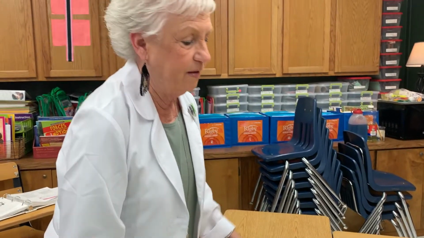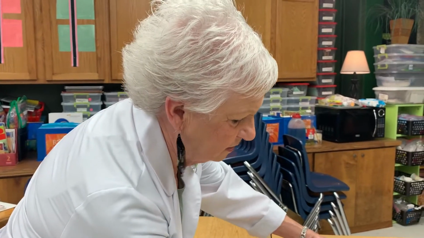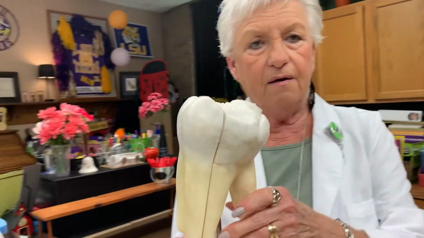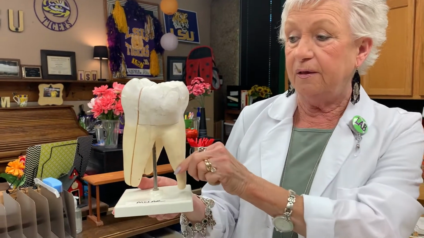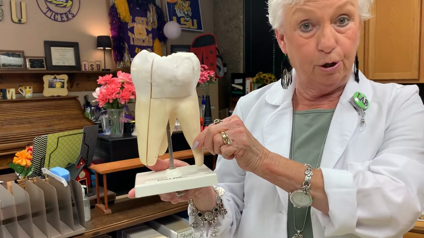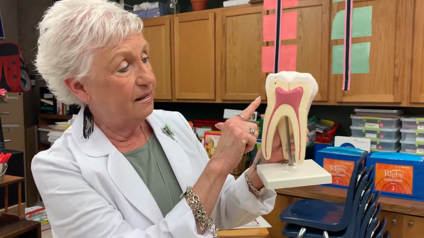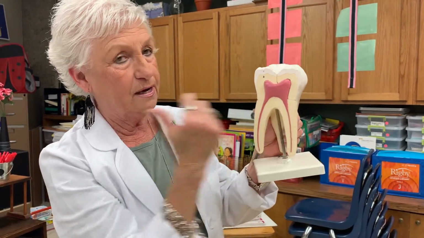And then I have another model. I know some of you are losing some teeth right now. This is the model of one of your molars in the back of your mouth. And we know this model is bigger than a real tooth. Now we're looking at the inside of your tooth. You have the enamel, which is the white hard part.